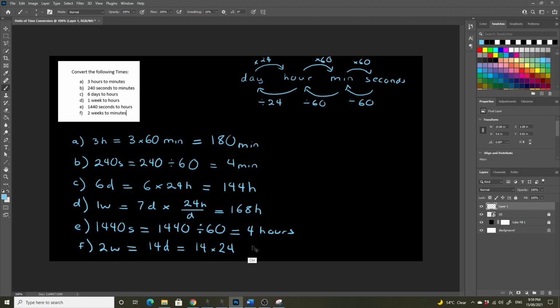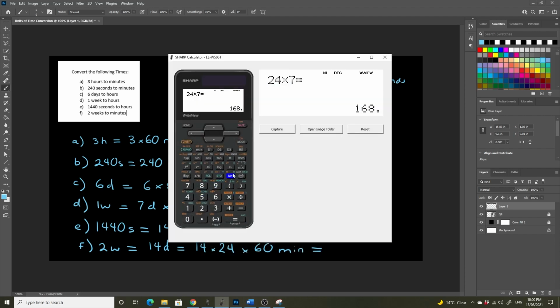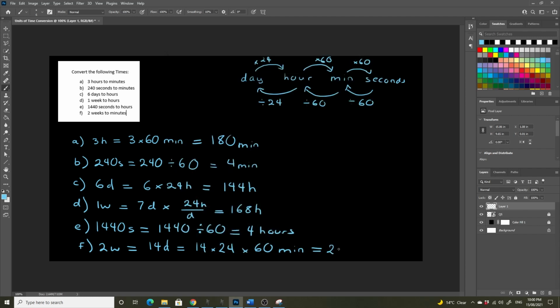So we'll just get rid of that h and times 60 to get minutes, which is equal to 14 times 24 times 60, which is equal to 20,160 minutes.